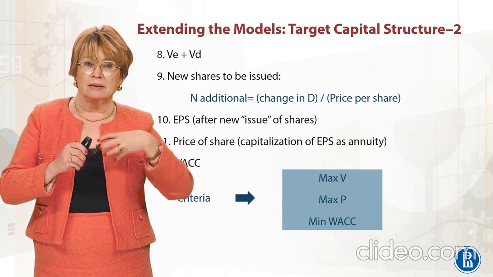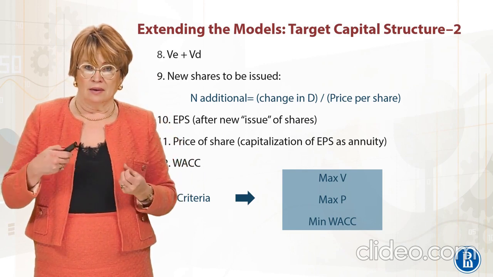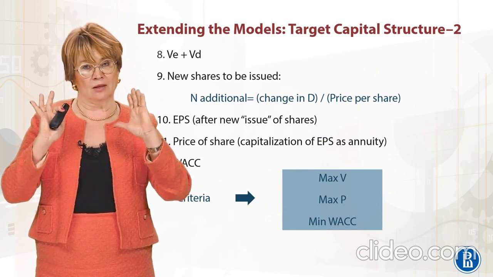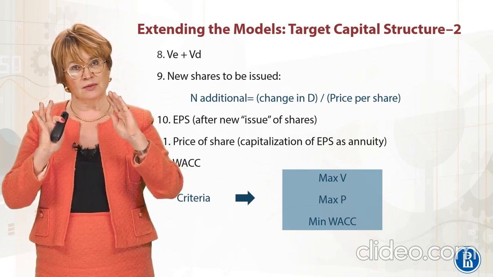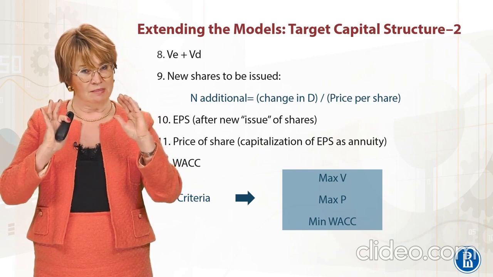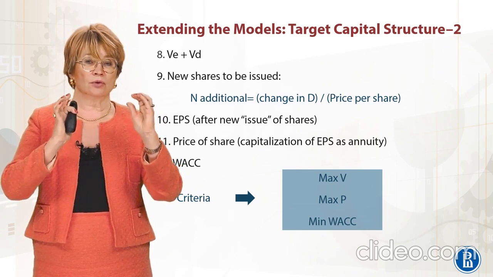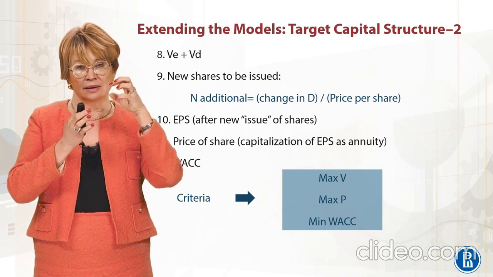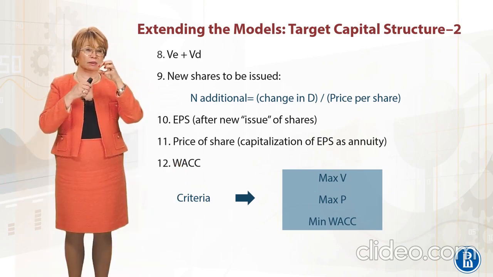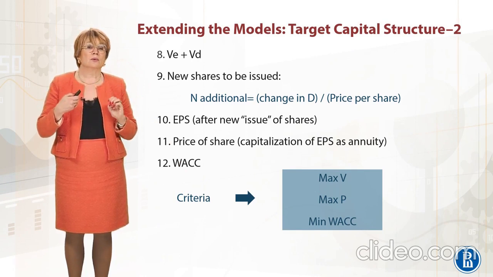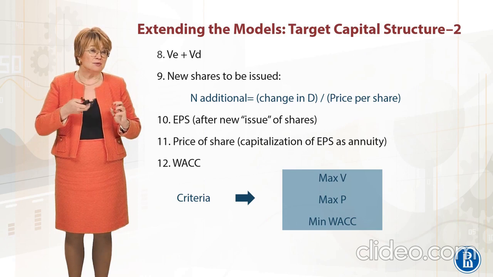So we need to understand how we are going to escape the increase in the total capital, because the change in debt to equity ratio should mean that the amount of debt is increasing, but the amount of equity is also decreasing at the same time.